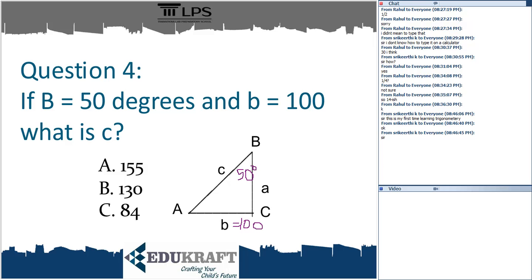And the C is how much? So which rule will you apply? It's very obvious, we will be applying the sine rule in this case. So we will say sine of 50, and sine rule says opposite upon hypotenuse.